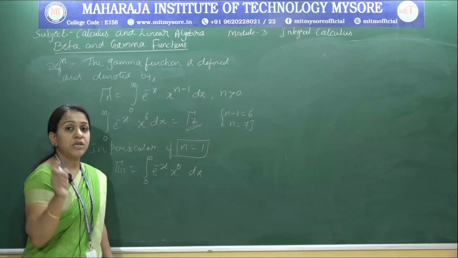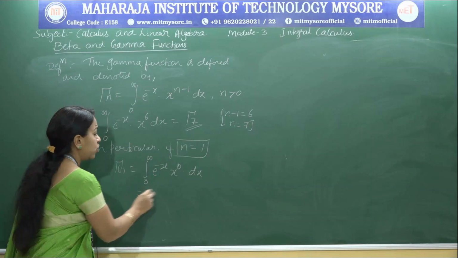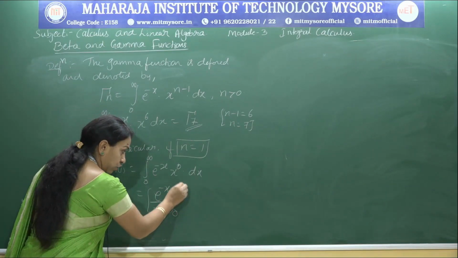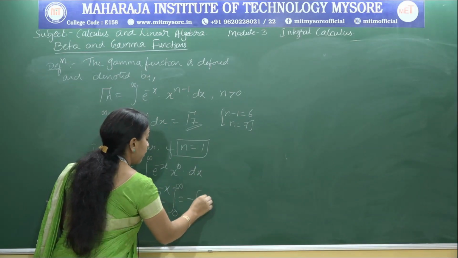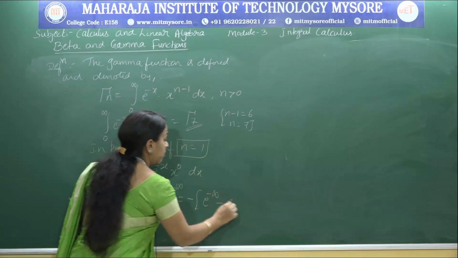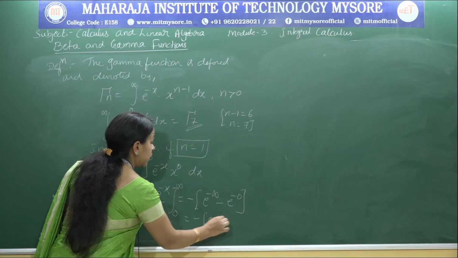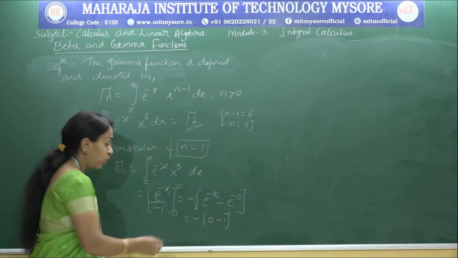Of course, x power 0 is 1, and the integration of e power minus x is e power minus x by minus 1 between the limits 0 to infinity. Applying the limit, minus of e power minus infinity minus e power minus 0, or it is nothing but minus of 0 minus 1, as we know e power minus infinity is 0.